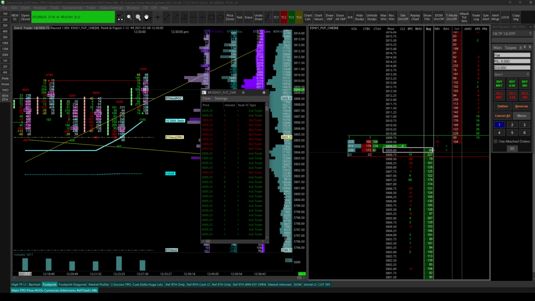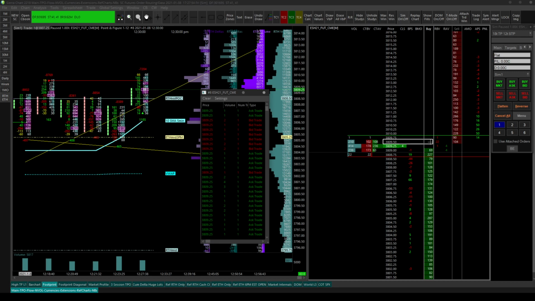Ask volume is just measuring the volume that has transacted from someone taking initiative and buying into the ask. So ask volume shows up on your time and sales as green, right? Someone took initiative and bought, right? So if I wanted to contribute to the ask volume here at 3809.50, here's how I would do it.